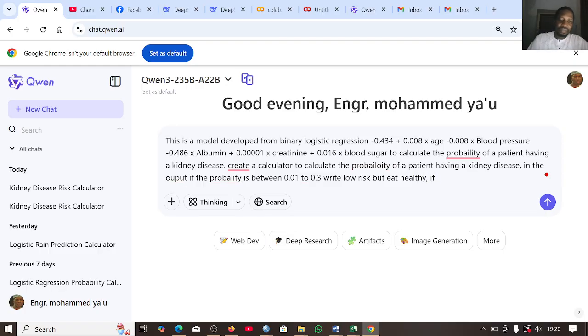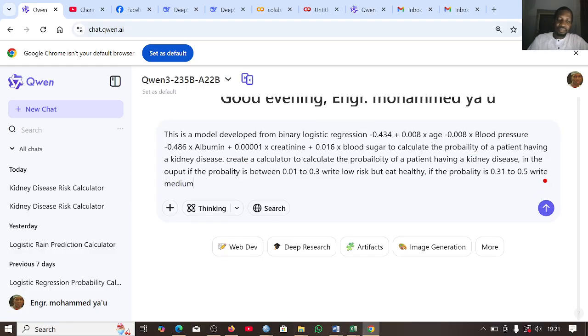If the probability is between 0.31 and 0.5, write medium risk, see a doctor.